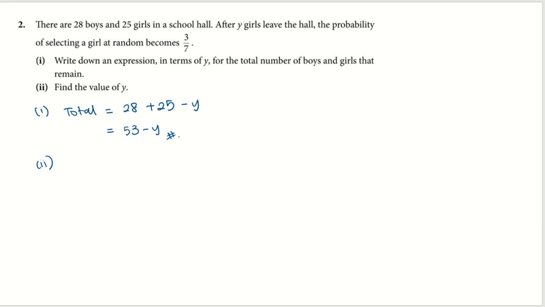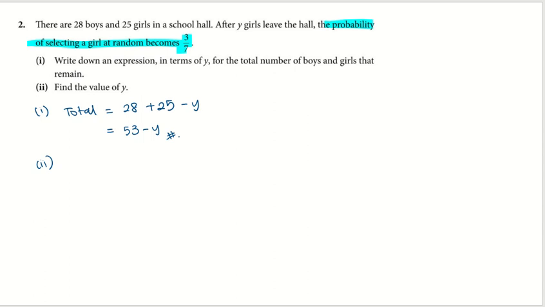Part 2 says find the value of y, which is the number of girls that left the hall. Let's think about the information that is given to us in the question. One important piece of information is that the probability of selecting a girl becomes 3 out of 7 after the girls left.